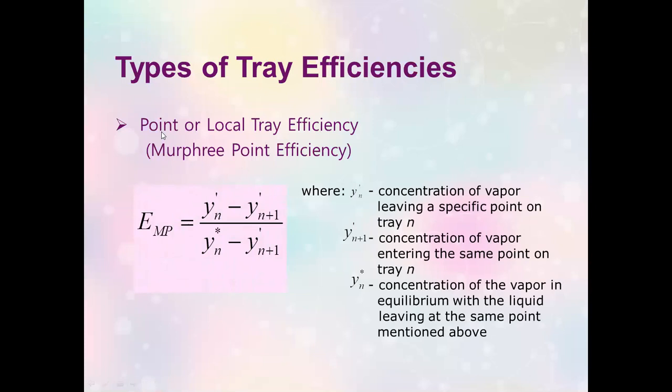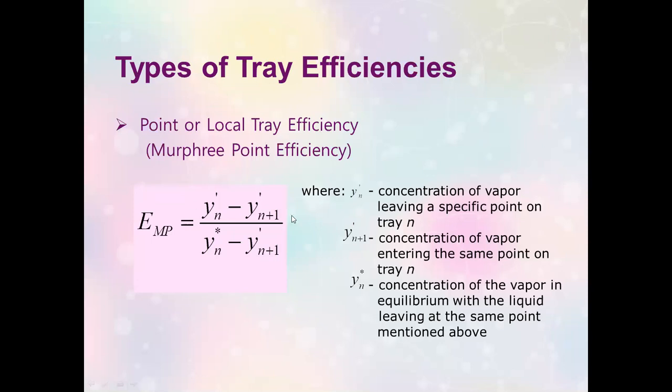So not just that we are looking into the average concentrations of the vapor leaving and entering a particular tray, but rather we're looking into a particular point on the tray and what is the concentration of the vapor leaving and entering that particular point on a particular tray.